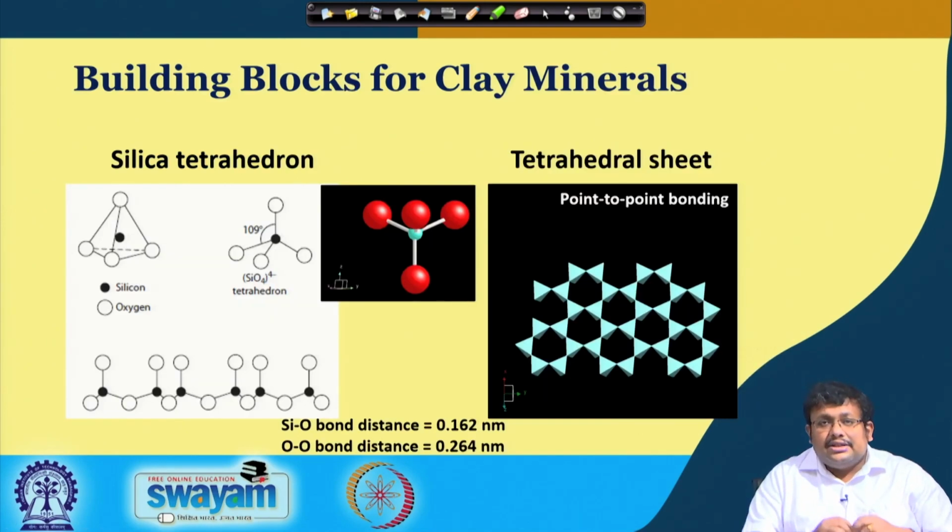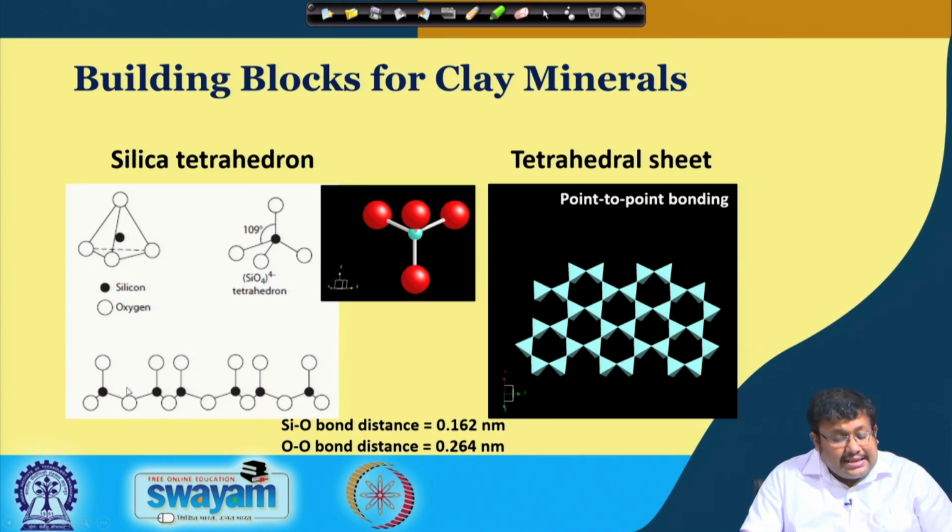So, let us start the discussion with the first building block of soil, that is the silica tetrahedron. Now, in a silica tetrahedron, you can see the silicon cation is surrounded by 4 oxygen anions, and the internal angle is 109 degrees.